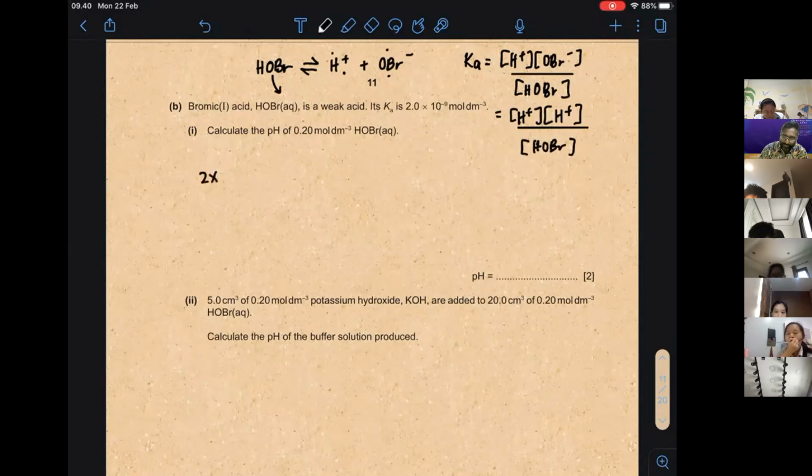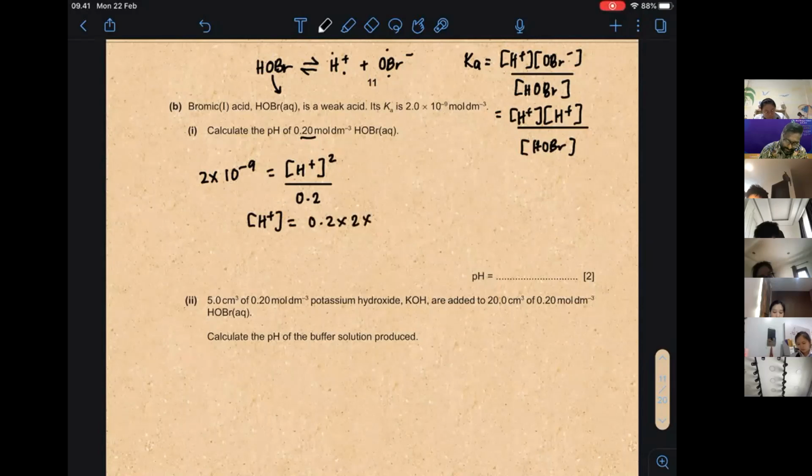So 2 times 10 negative 9 equals the concentration of H plus to the power of 2, divided by the concentration of HOBr, which is given as 0.2. So just find out what is H plus.